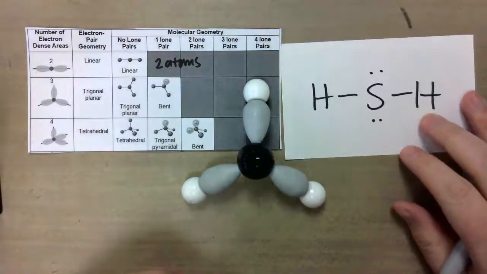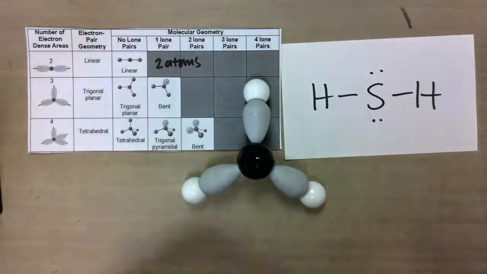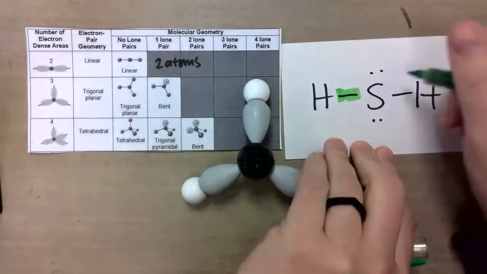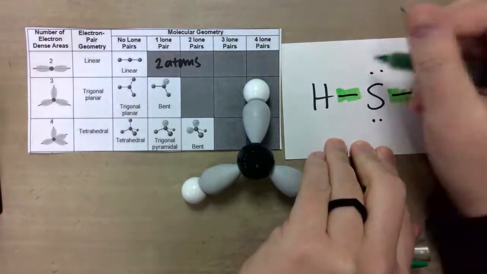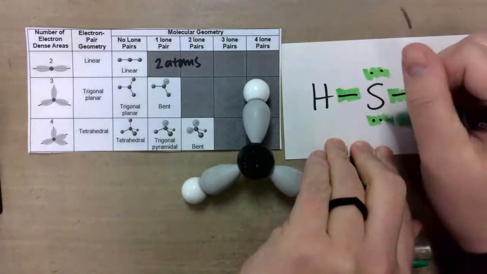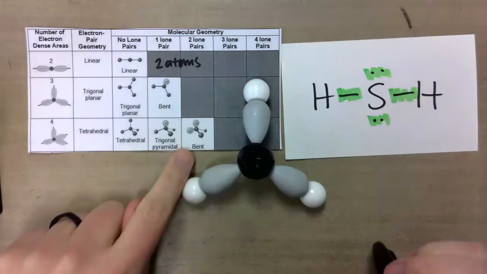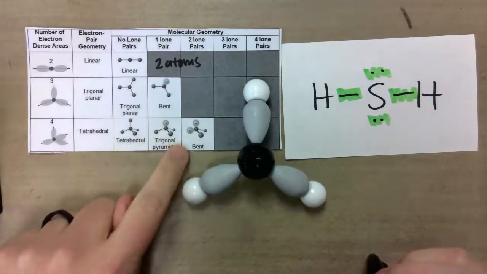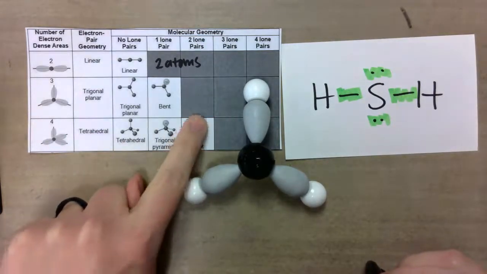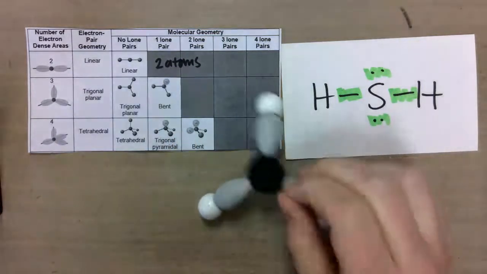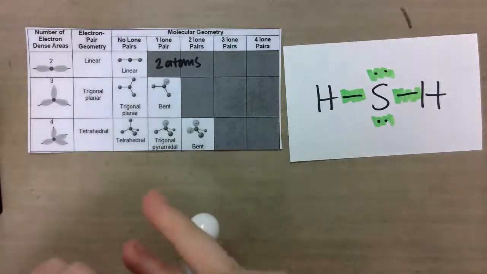All right, and lastly, if I have 4 electron dense areas, but 2 of them are lone pairs, then I get a bent molecule. This is H2S. And if I highlight the stuff going on around sulfur, I've got 2 bonded areas and 2 pairs of electrons that aren't attached to anything. So that's what I'm talking about when I have 4 dense areas and then 2 pairs of electrons, or 2 lone pairs. In this case, they start off with that tetrahedral shape.